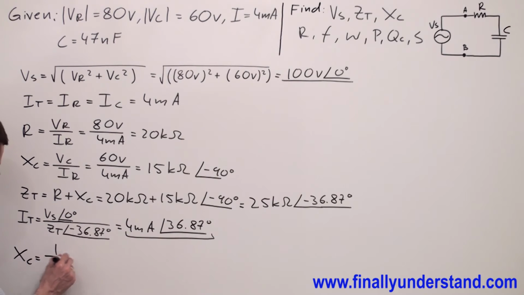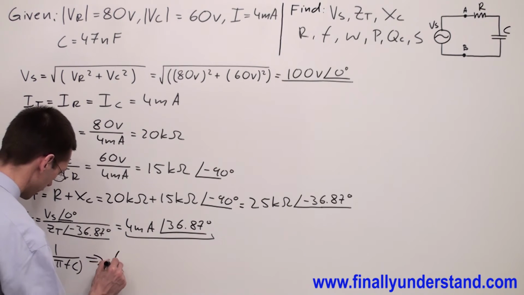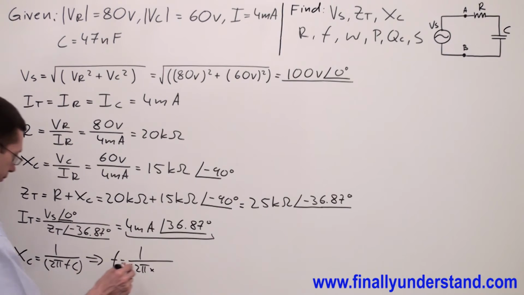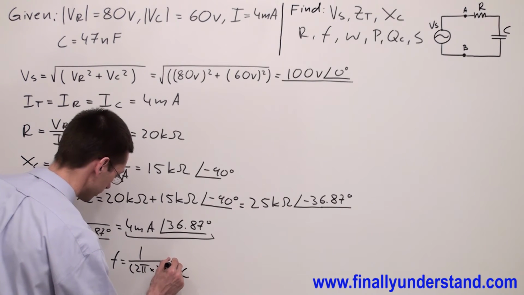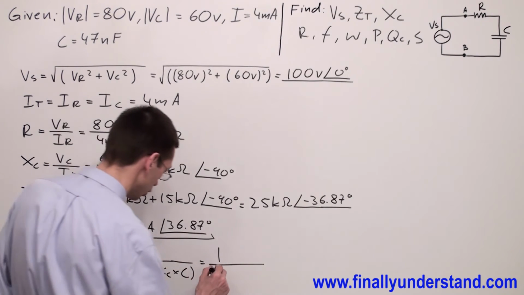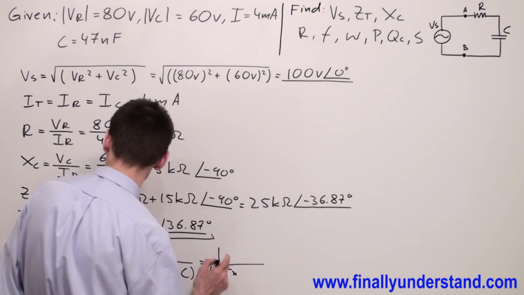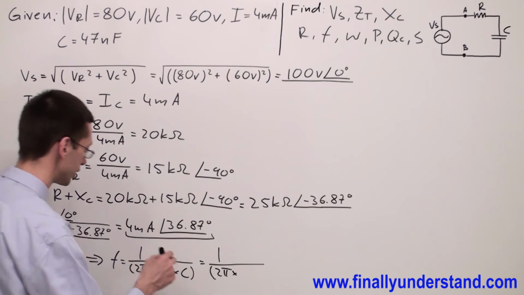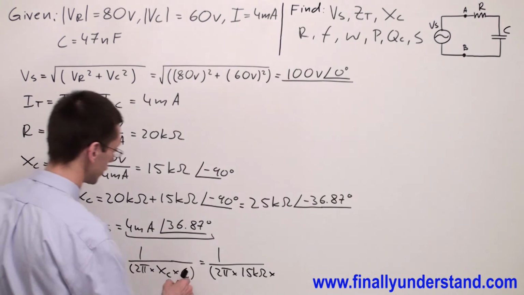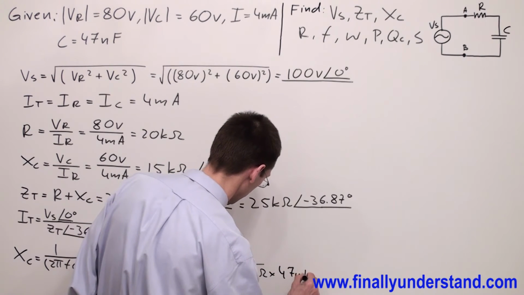X of C is equal to 1 over 2 pi F C. Solve this formula for F. So I have F equals 1 divided by 2 pi times X of C times C. This is equal to 1 divided by 2 pi times X of C, which is equal to 15 kiloohms, times C, which is equal to 47 nanofarads.